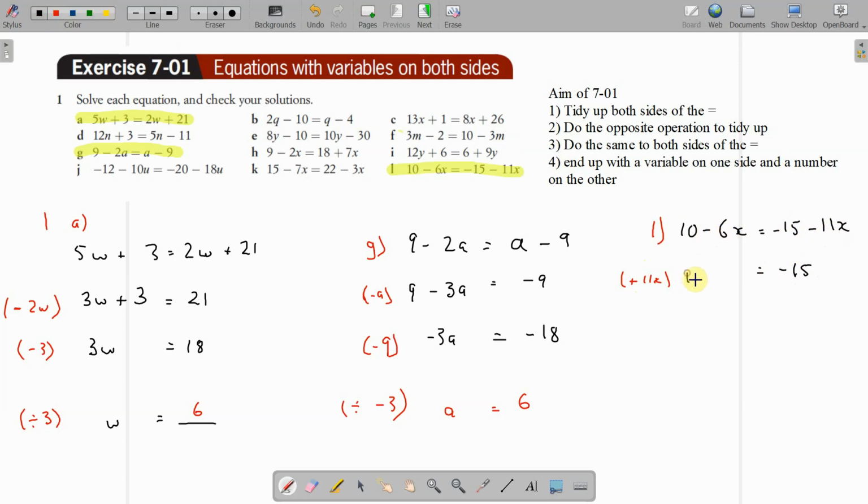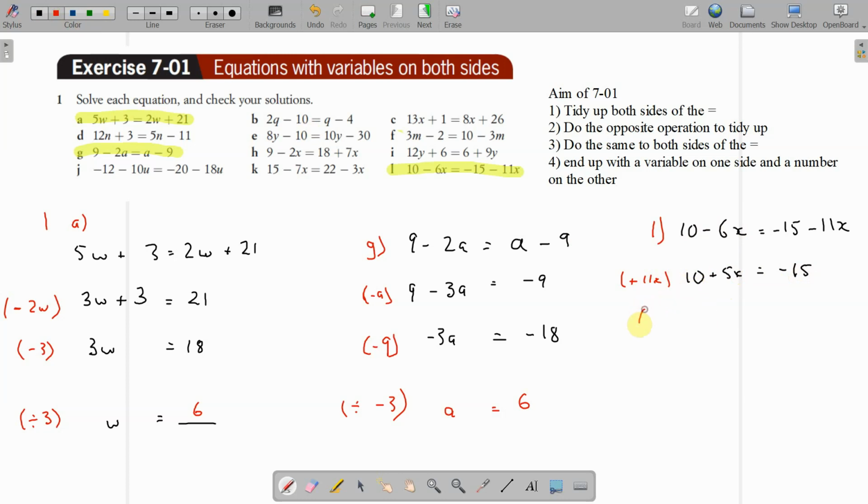Going to add the 11x to that one. Minus 6x plus 11x is plus 5x. Now we've got this side just a number, which is good. Number and variable this side, so this 10's got to go.